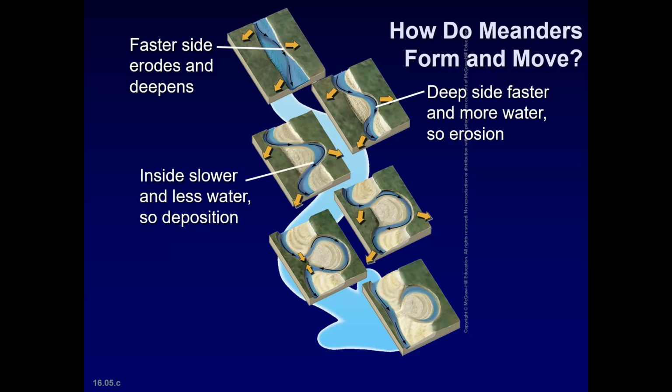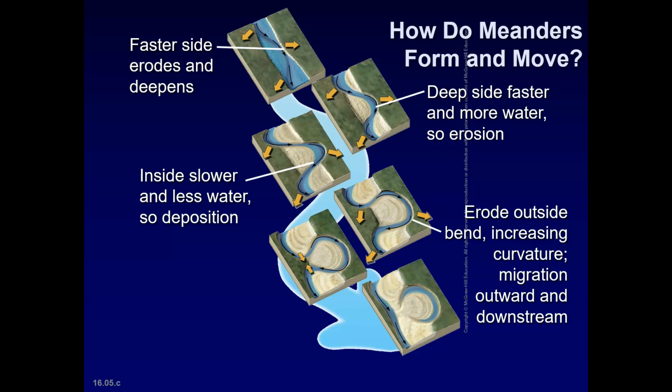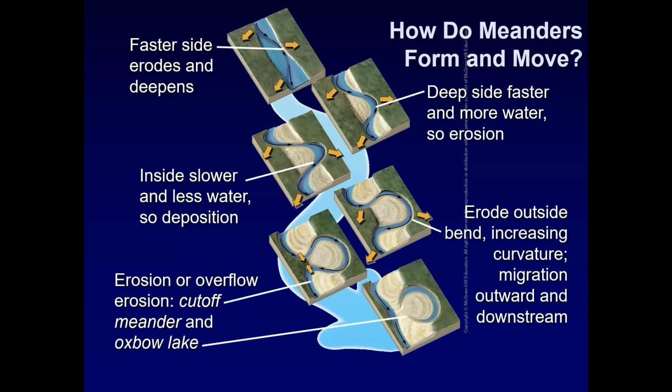The inside has less water and slower water, so it has deposition, forming that point bar, and then the meander erodes its outside bend, which increases curvature over time, and the meander migrates outward and downstream. Then we see continued erosion or overflow during a flood that can cut off a meander and then form what's called an oxbow lake. So we see all those associated with meandering streams.